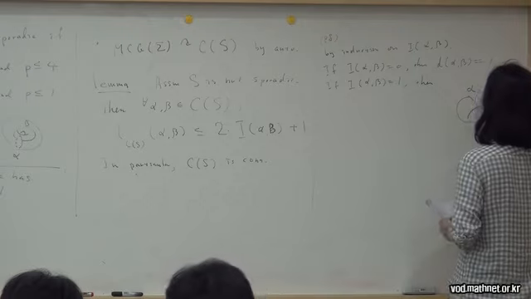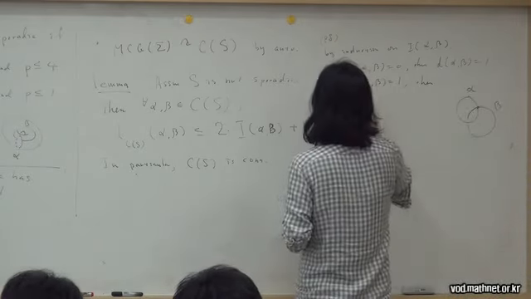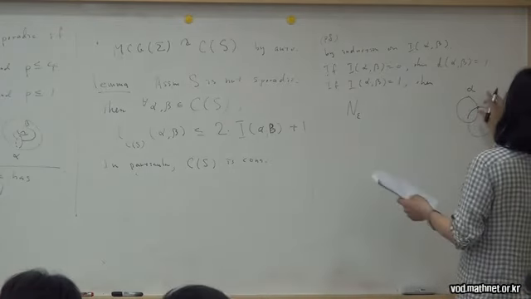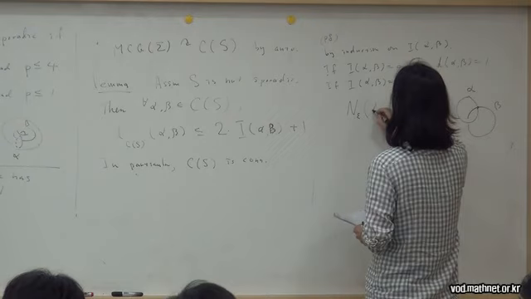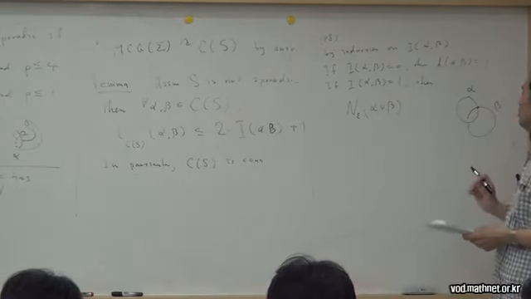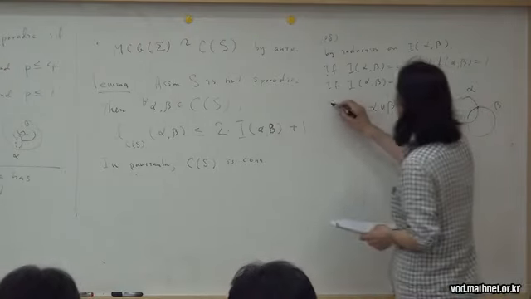Like this is beta, and this is the intersection point. I put a metric on the surface, take the union, look at the neighborhood of the union, and take the boundary.